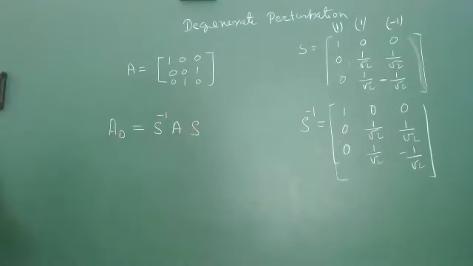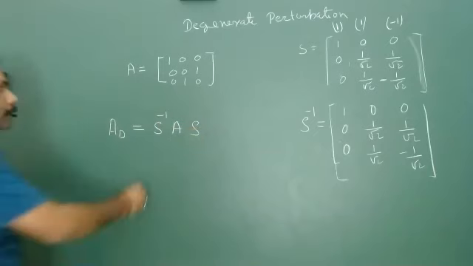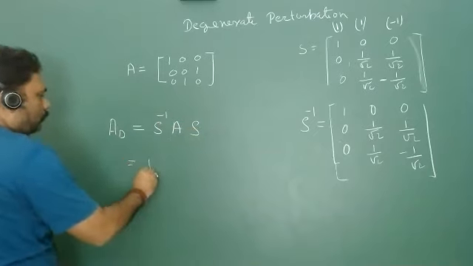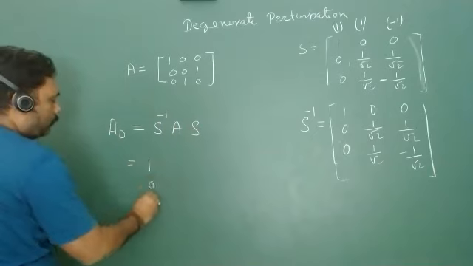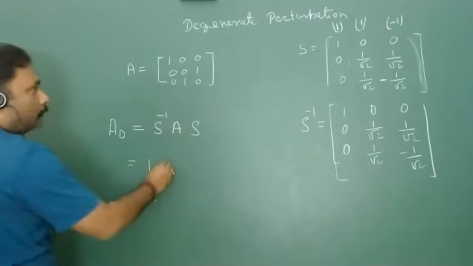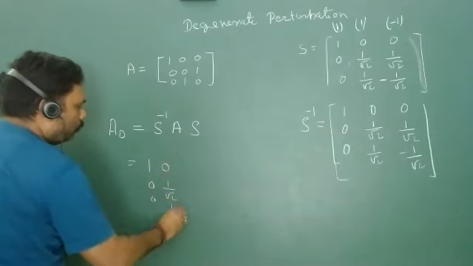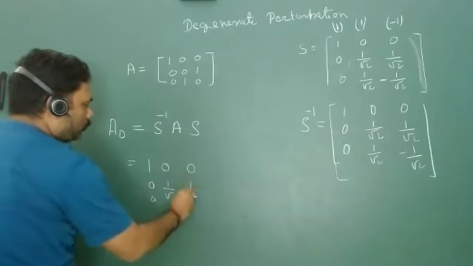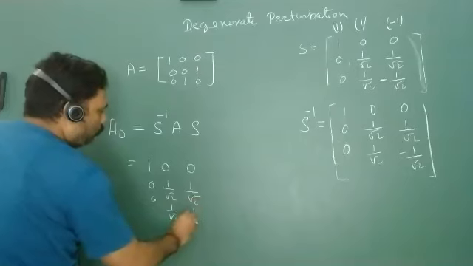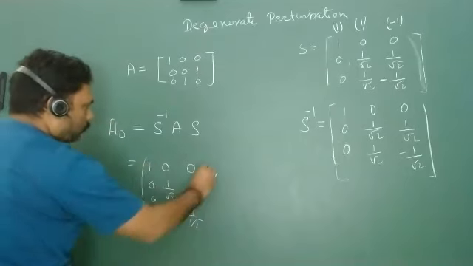A S. And once you calculate this particular thing, I am just leaving the calculation for you. S inverse is 1 0 0, 0 1 by root 2, 1 by root 2, 0 1 by root 2, 1 by root 2.